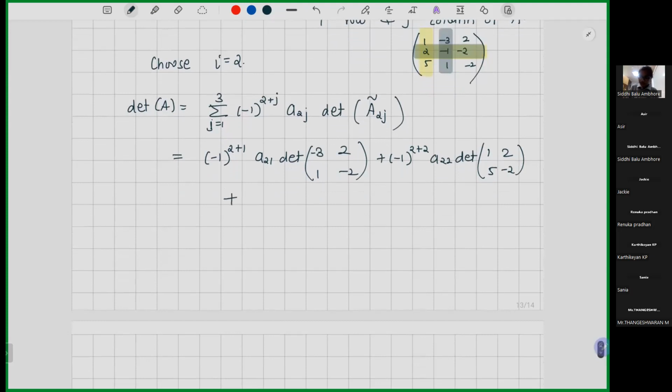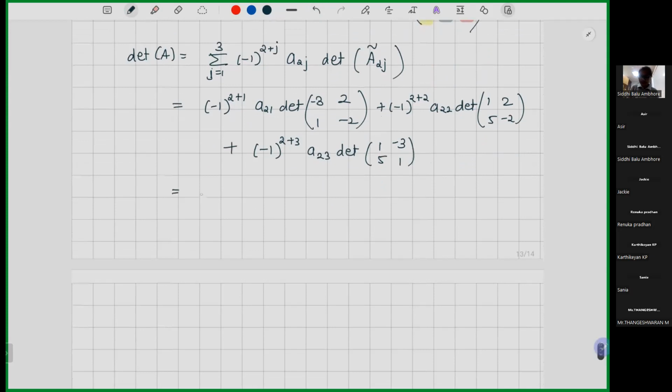And plus minus 1 power 2 plus 3, a_23, determinant of the matrix after removing the second row and third column, which is 1, minus 3, 5, 1.